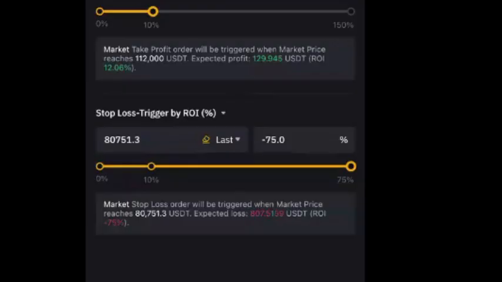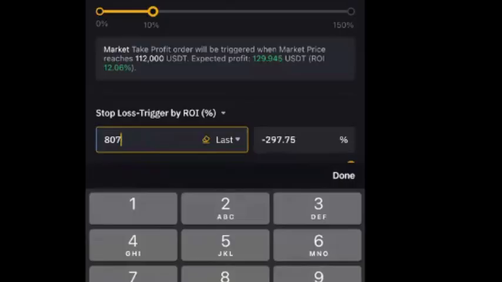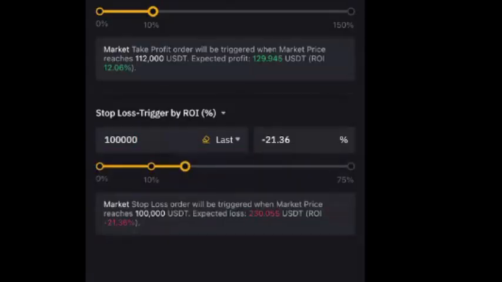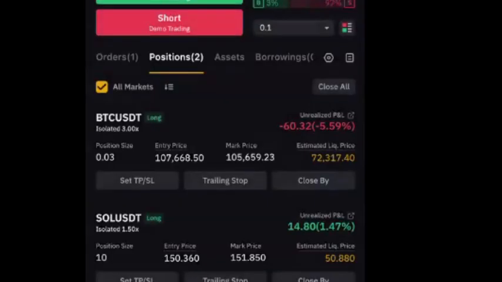Let me put it at $100,000. So basically, if Bitcoin were to hit $100,000 and I set a stop loss, I will lose $230. But we don't really use stop loss in our strategies, so I'm not going to be teaching that concept.